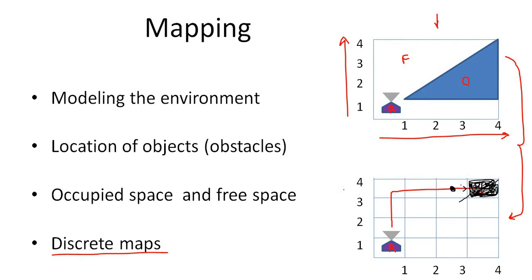Because this cell was half occupied, we take it as a fully occupied cell, and this is blocked. Similarly, this will happen in the other cells also, and the robot keeps moving. So all these cells will be considered as obstacles. This one here also, this one also.